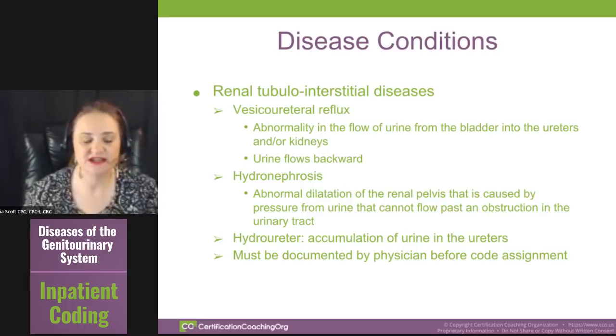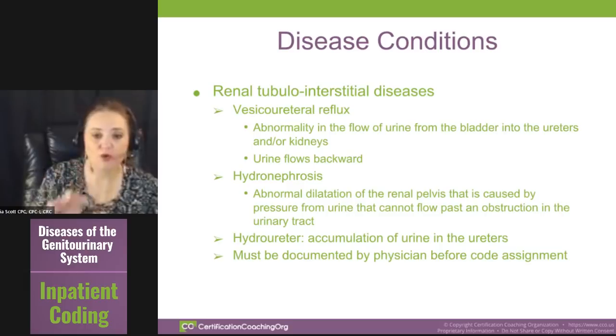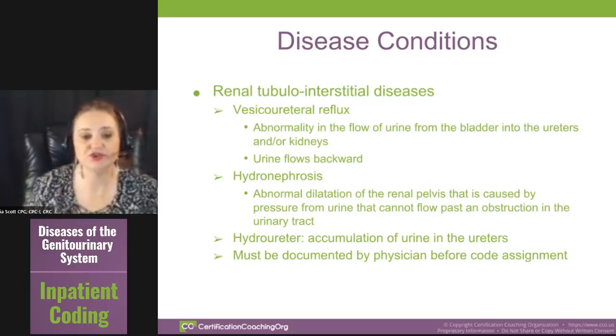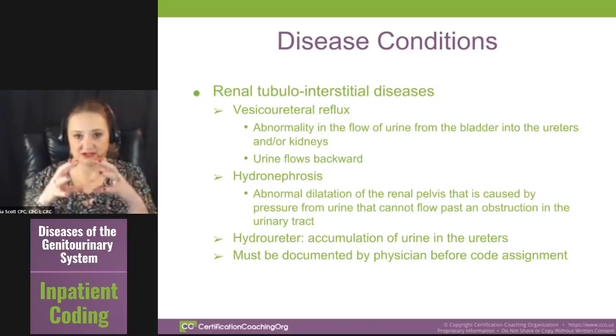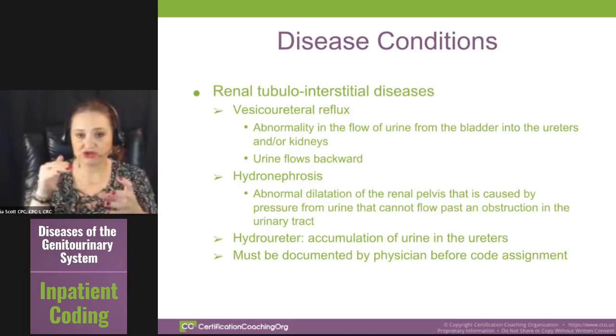Hydronephrosis is when you have dilation of the renal pelvis. It's abnormal and caused by pressure in the urine that cannot flow past an obstructed urinary tract. So it's not an aneurysm, because you don't have a weakness of the structure, but you have bulges because you got pressure buildup.